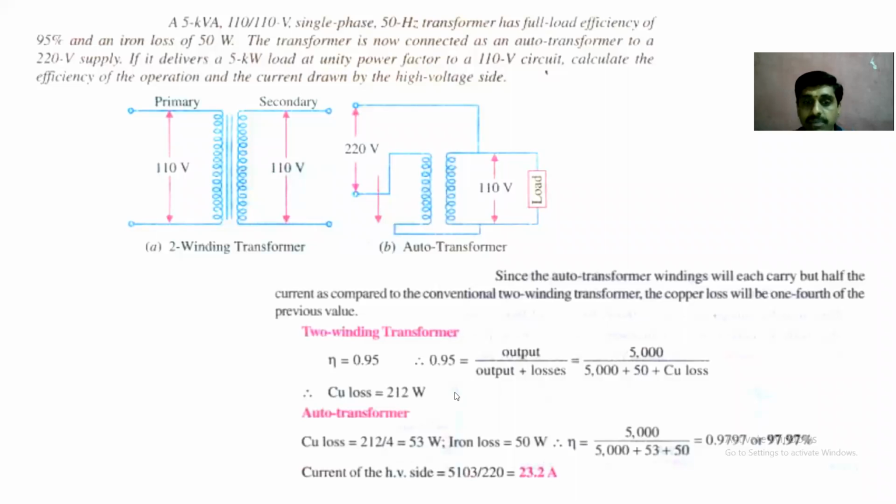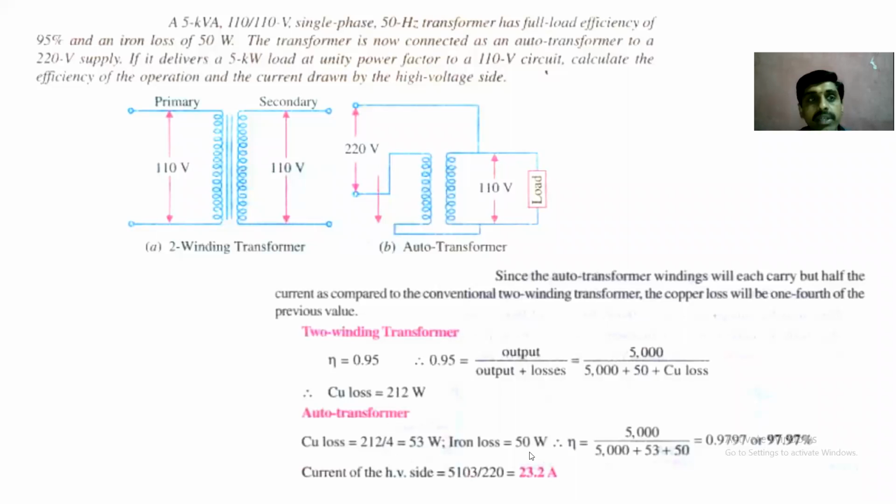After getting this copper loss, for the auto transformer, copper loss equals I2 squared by 4. Because what is given: the transformer is converted as an auto transformer to a 220 volt supply, delivering a 5 kilowatt load at unity power factor to a 110 volt circuit, and they ask for the efficiency of operation and the current drawn by the high voltage side. So this I2 squared by 4 is 53 watts.